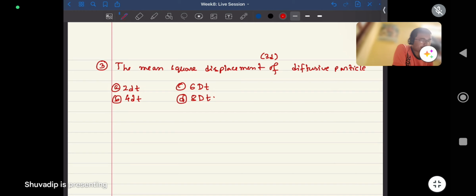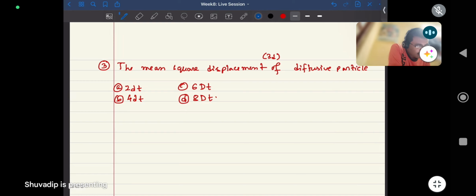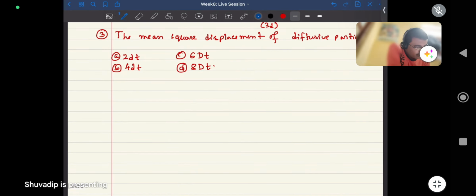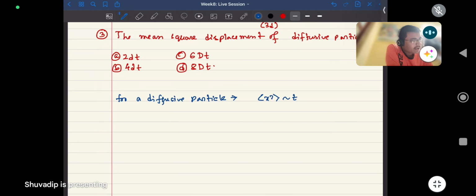From our early discussion on random walk and diffusion, we know already that for a diffusive particle, x square average goes like t, proportional to t, whereas for a ballistic particle, x square average is proportional to t square.